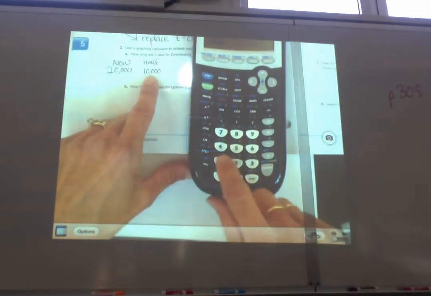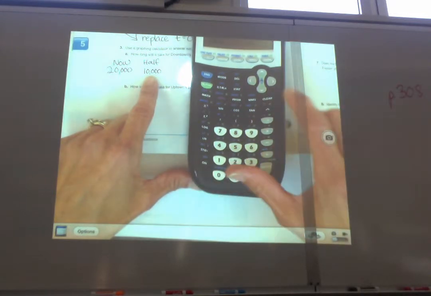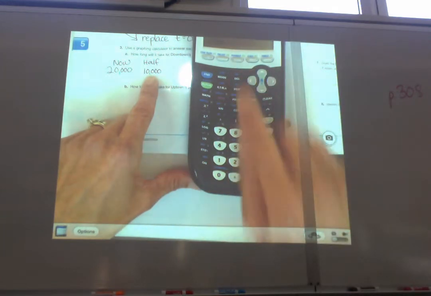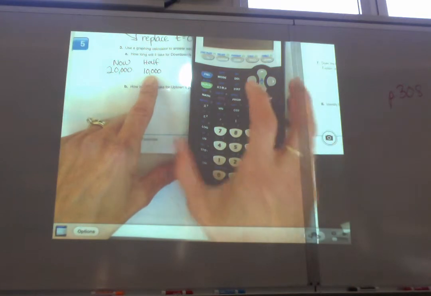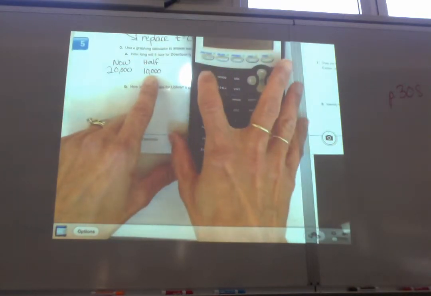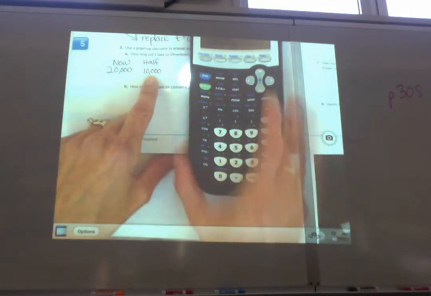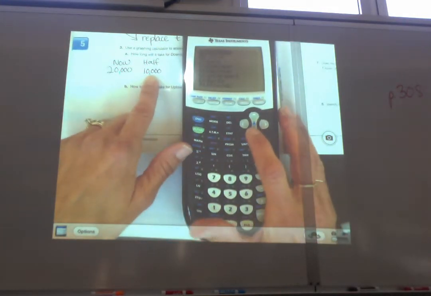And we're going to put in 10,000. That's the y. Whoops, I went too far. Back it up. Delete. So 10,000 has 4 zeros. Okay. I'm going to go to second calc, because I know from what we were doing yesterday, that's where intersect is. And you guys see intersect?